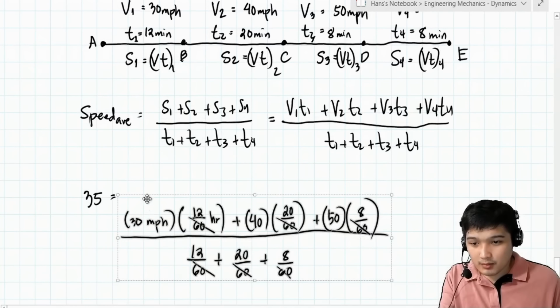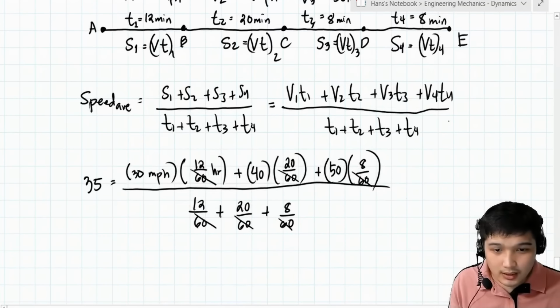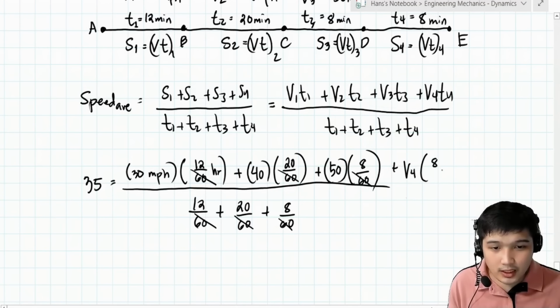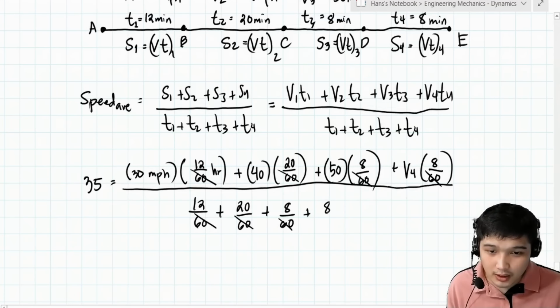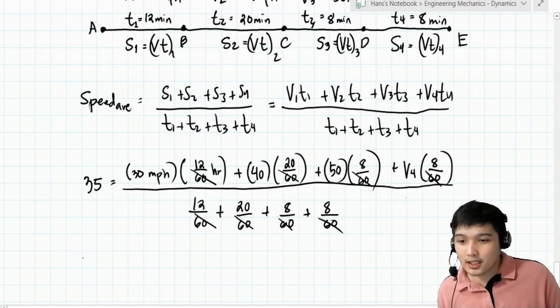So, same lang naman. Anong mangyayari? Magdadagdag lang tayo dito ng V4 T4 na 8 over 60 rin. Which is magka-cancel din naman to later on. And then sa baba, magkakaroon ng additional 8 minutes. Yan. So, baka ganyan, class. Now, we can try. Wala namang mawala.